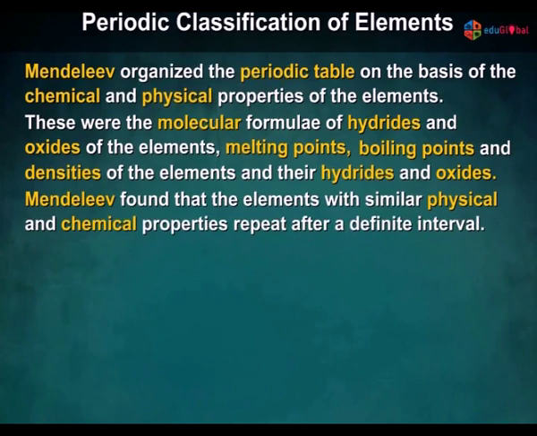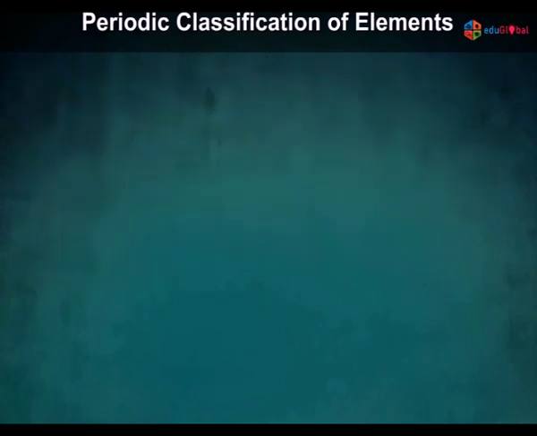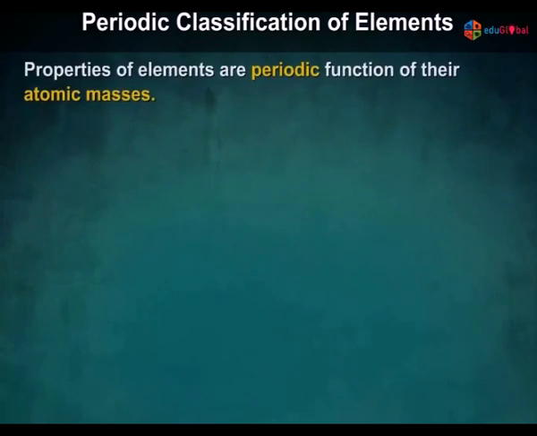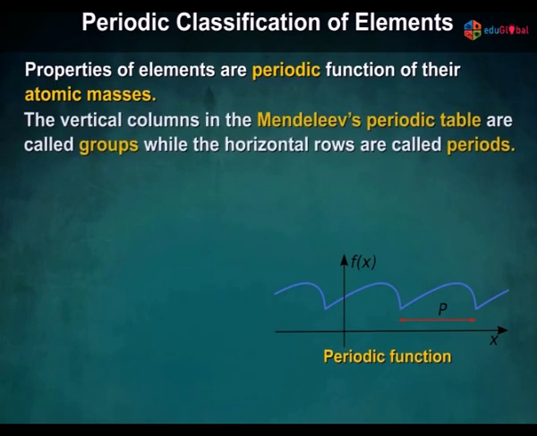Mendeleev found that the elements with similar physical and chemical properties repeat after a definite interval. On the basis of this finding, Mendeleev stated the following periodic law: properties of elements are a periodic function of their atomic masses. The vertical columns in Mendeleev's periodic table are called groups, while the horizontal rows are called periods.